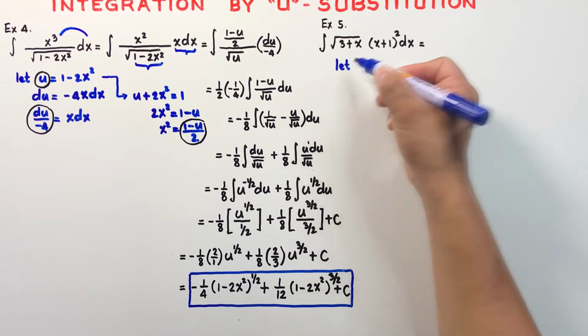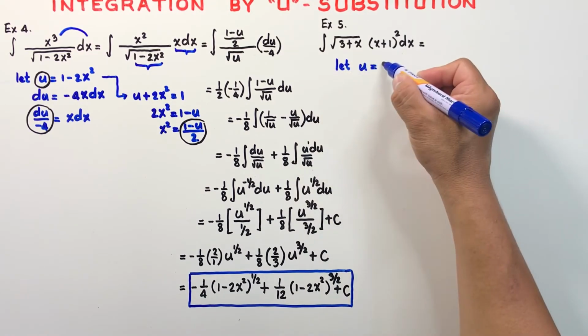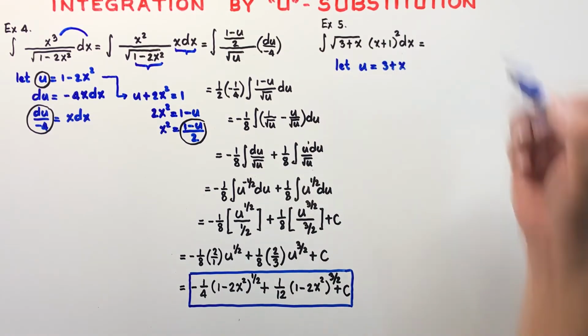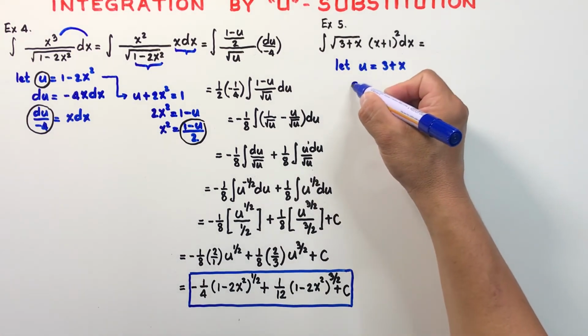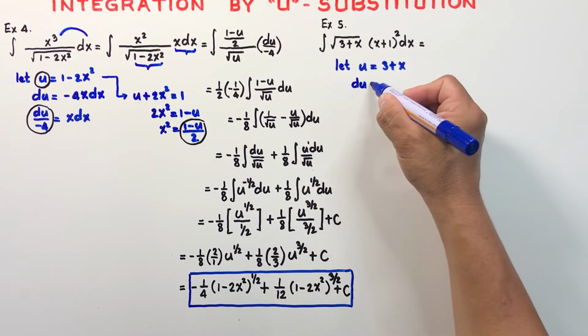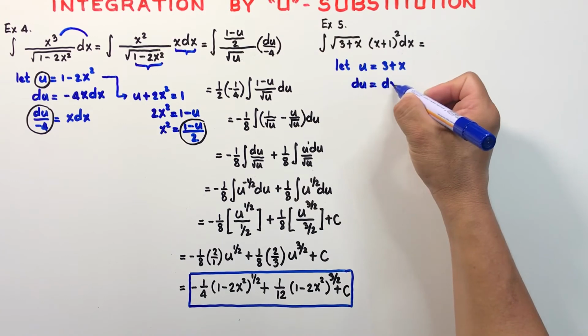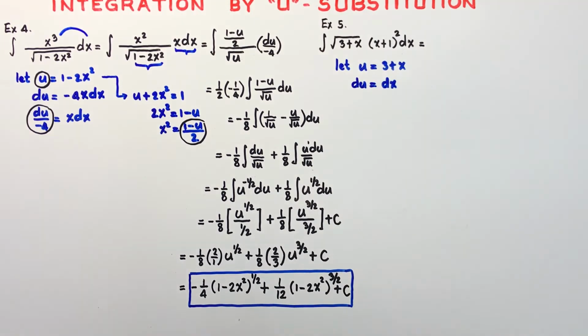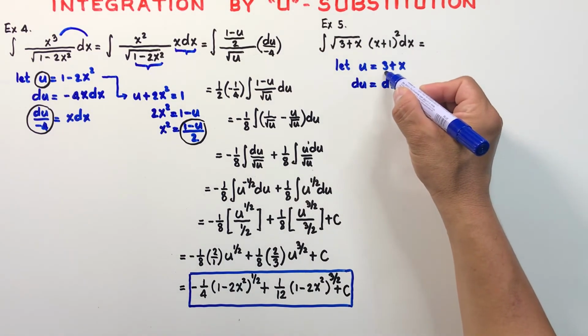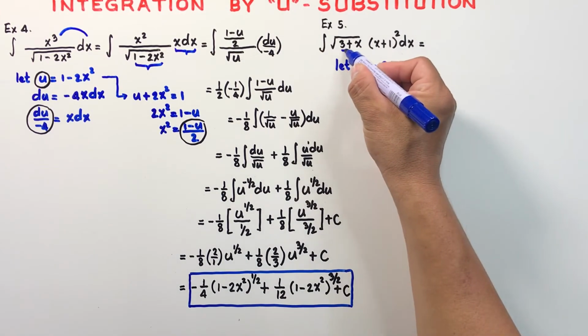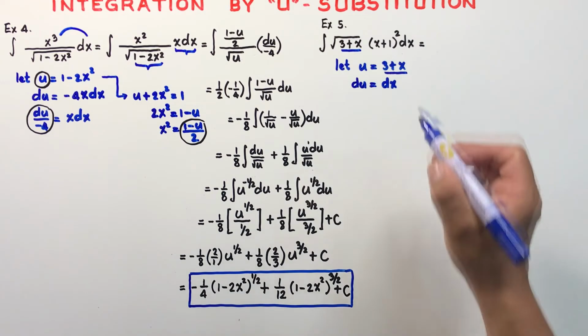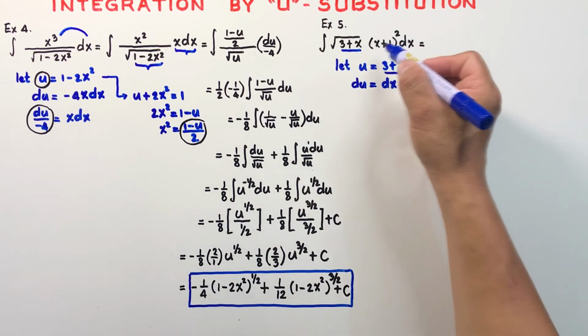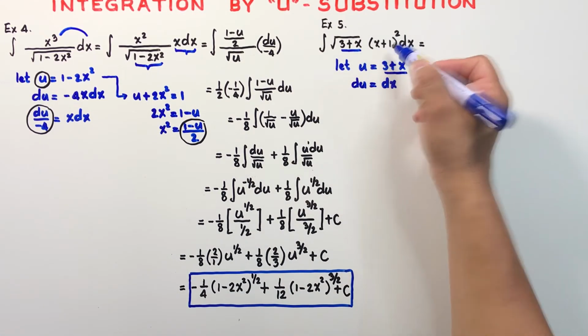So let u be equal to 3 plus x. And we notice that the differential of u is just dx because the derivative of 3 is 0. So we can substitute this 3 plus x here to this radicand. But we cannot use this 3 plus x to substitute this x plus 1.